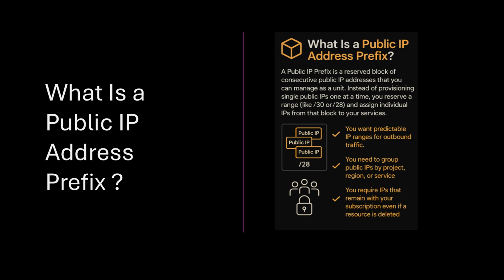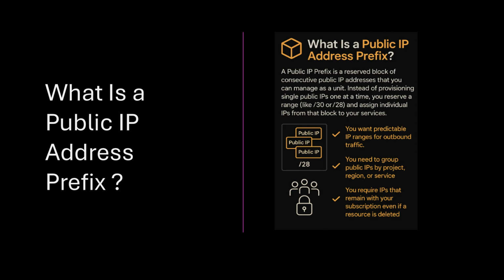A public IP prefix is a reserved block of consecutive public IP addresses that you can manage as a unit. Instead of provisioning single public IPs one at a time, you reserve a range like /30 or /28 and assign individual IPs from that block to your services.